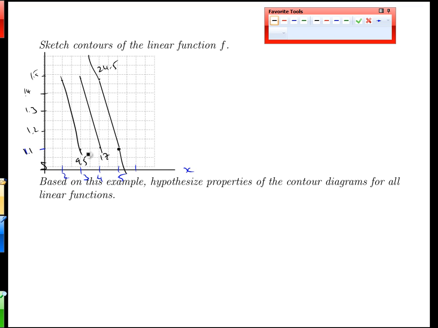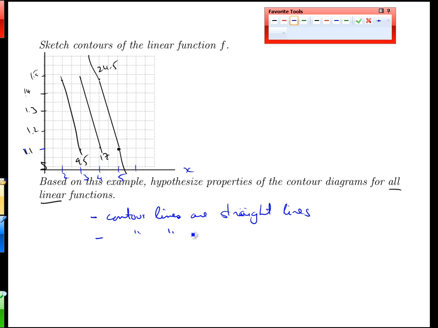So we can see a pattern emerging here. These lines are all based on 2 points, 2 points, 2 points, 2 points that always have the same relationship to each other. And so we might come up with a nice hypothesis here that if we looked at all linear functions, so not just this particular example, but we can hopefully generalize from it, their contours are all straight lines.